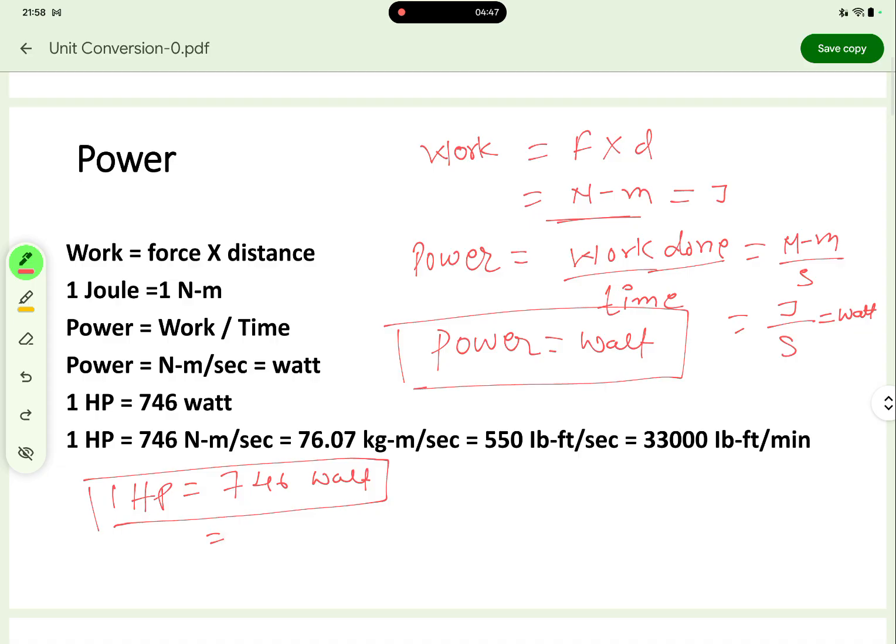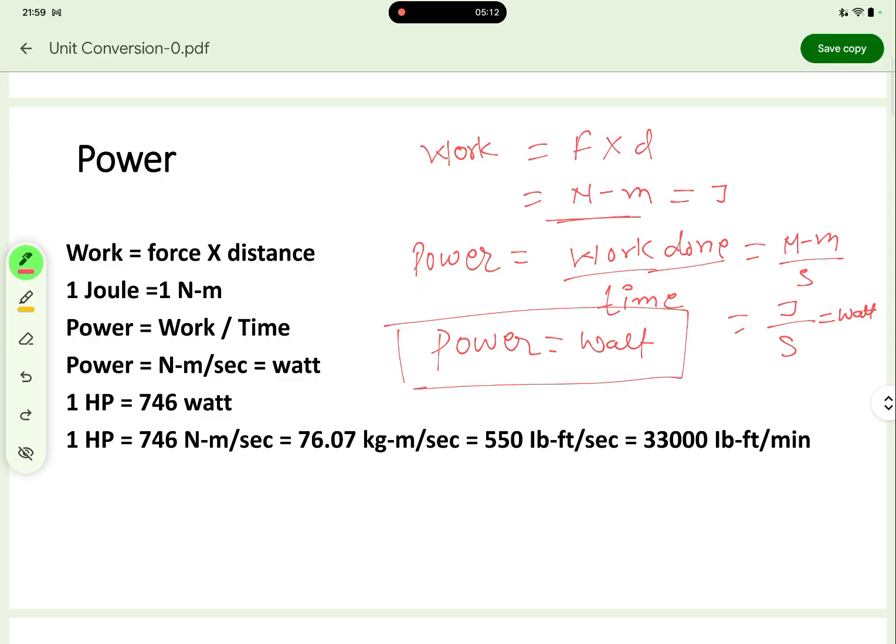Watt can be further written in terms of Newton meter per second, right? And if you want to convert into kg, it is kg meter per second. So what is happening here? You just need to divide this term by g, and you will get this value.